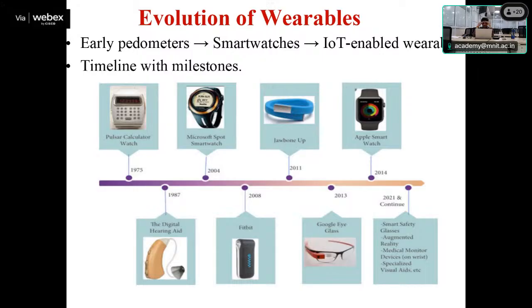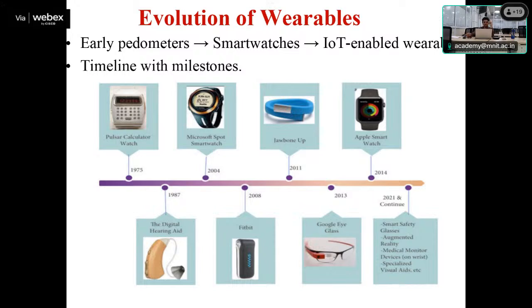Now, looking at the evolution of healthcare devices, smart wearable devices started in 1975 with the pulse calculator watch, which helped get the pulse value of a particular person.